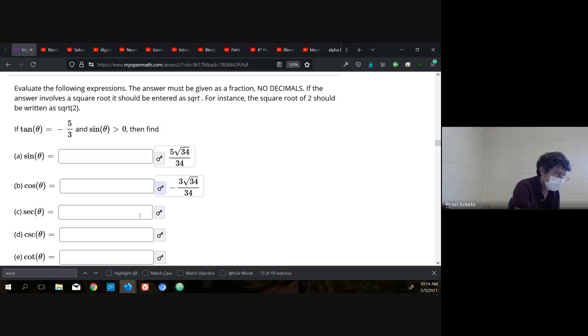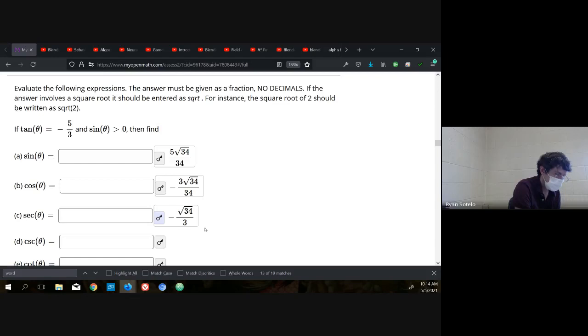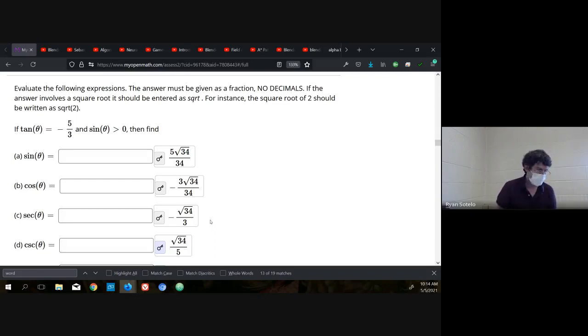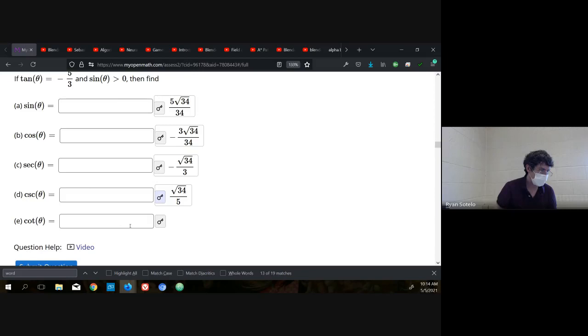This is the inverse of cosine, so it'd be negative square root of 34 over 3. This would be inverse of sine, so square root of 34 over 5. And then cotangent is the inverse of tangent, so negative 3/5.